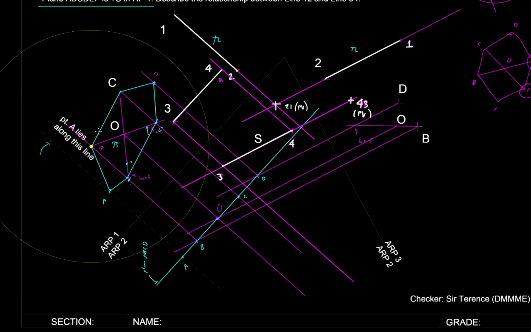So, darken natin. Okay. So, eto. So, this is A. This is point B, C, D. Tapos ito is E. And we have point F dito.